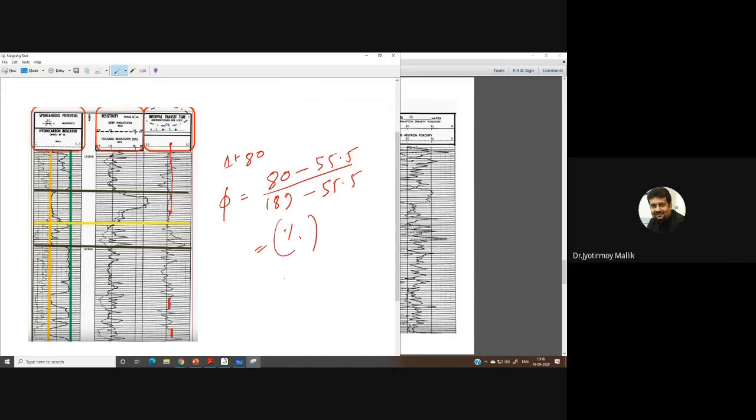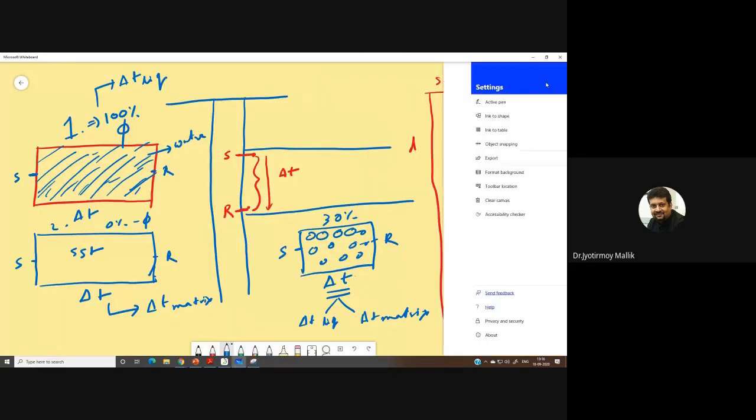Now, let me recap very quickly. From gamma ray, I have calculated net to gross. From resistivity, I have calculated SW, and SH will be 1 minus SW.